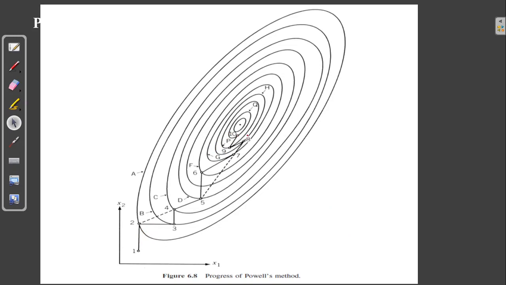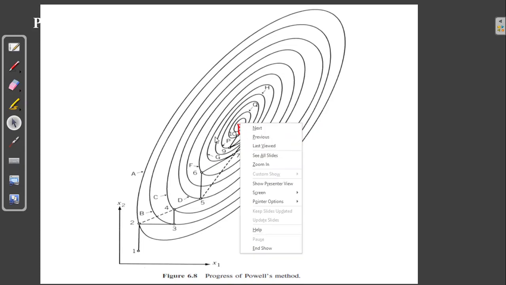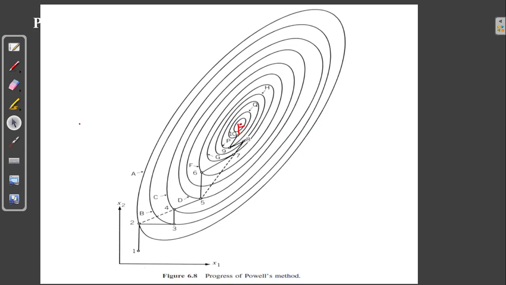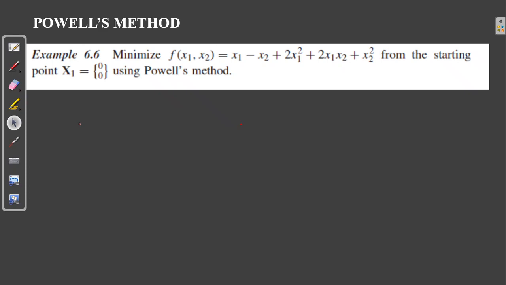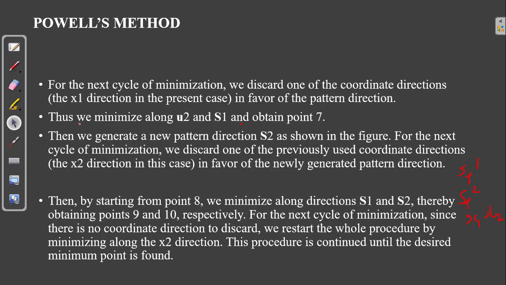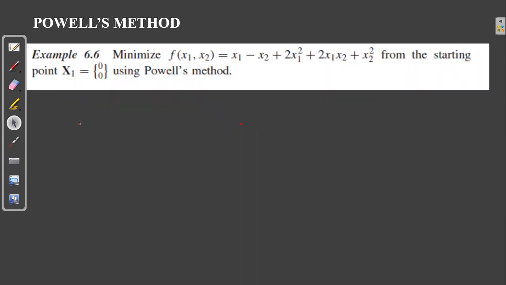From x10 we will search in this direction and this direction, and again the whole thing is repeated, so that the minimum point is reached. So that is our algorithm for Powell's method. Now we will solve an example problem so that you will understand better.